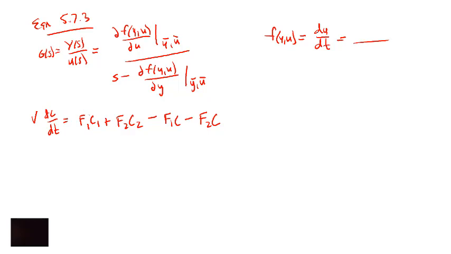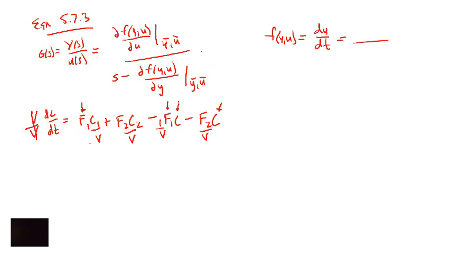Let's first identify that F1 is a variable, F2 and C2 are constants, and C is a variable. So I'm going to divide by V, so I have 1 over V, and over here divide by V.